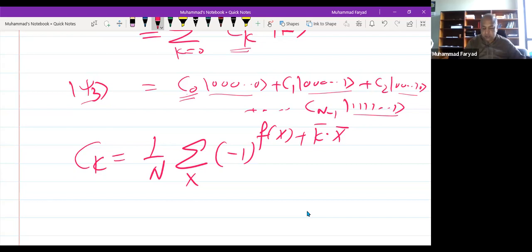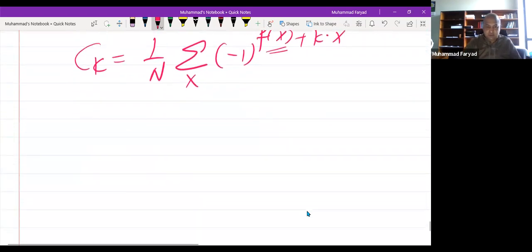So the probability of measuring 000 is c0 mod squared, the probability of measuring 001 is c1 mod squared, and so on. To find the probability of measuring the 00 state, I need to find this coefficient c0. And it's important because we will see that this can tell us about the nature of this function f of x very quickly.